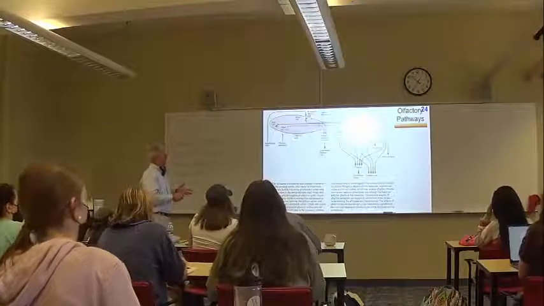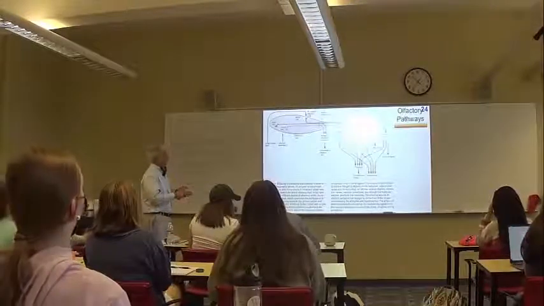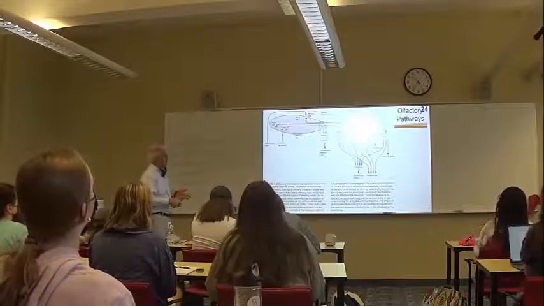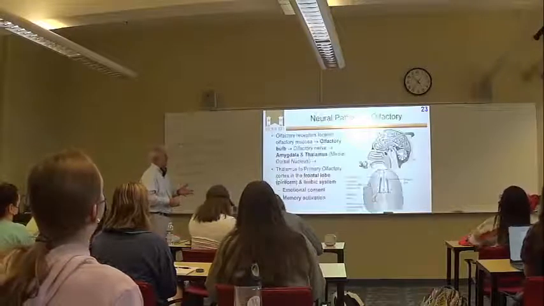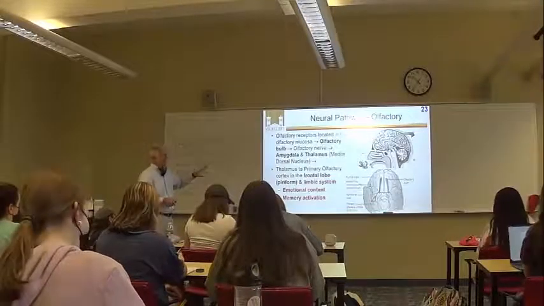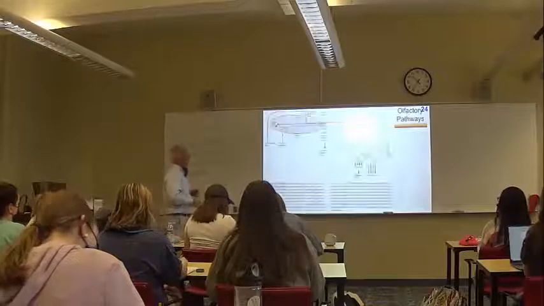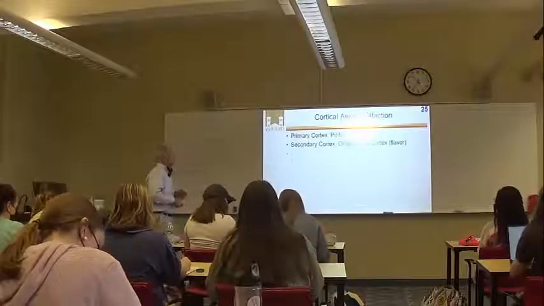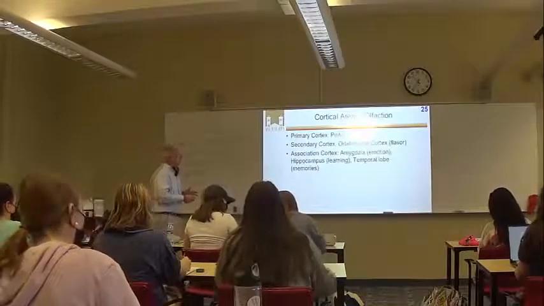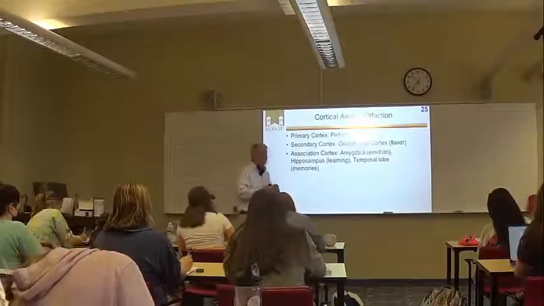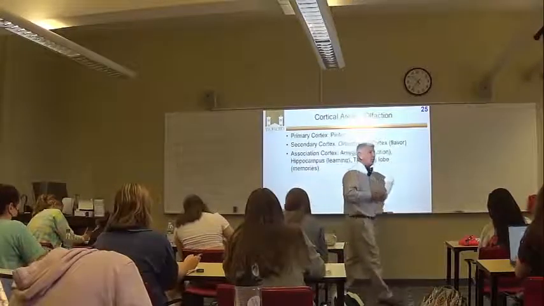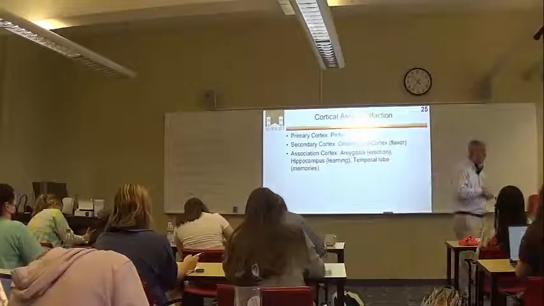This is just another example of the pathways. Comes into the olfactory bulb, from the olfactory bulb goes into these areas. This is probably the easier one to focus on, slide 23. The primary area is the piriform cortex, but there's a secondary area called the orbital frontal cortex, or OFC.